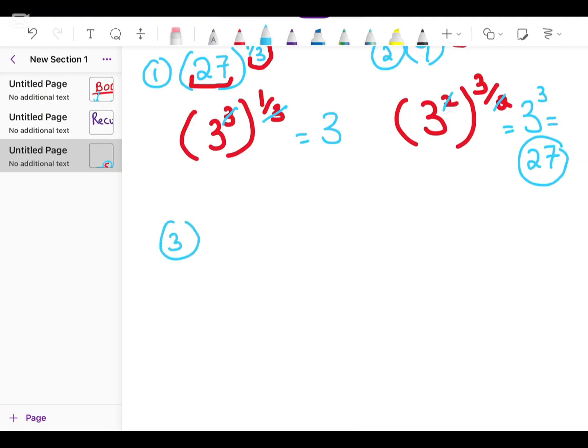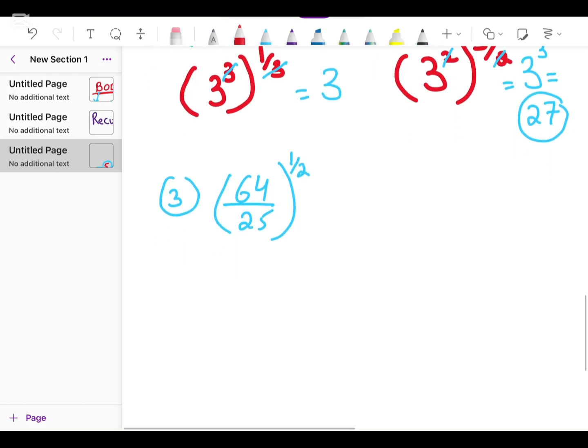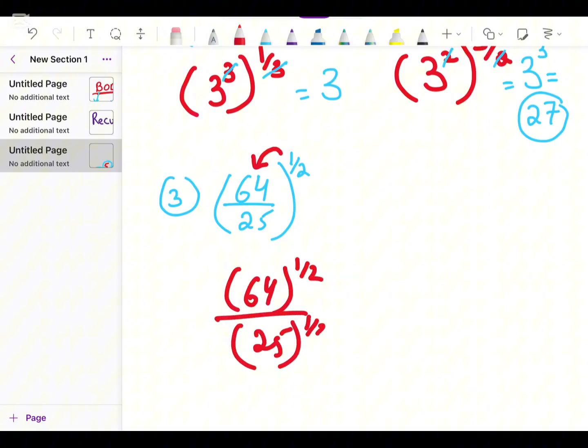For example, the question is 64 upon 25, the whole thing to the power 1 upon 2. Remember that when there is a whole power, this power 1 upon 2 goes to each and every element present in the bracket. So I can write 64 power 1 upon 2 and 25 power 1 upon 2.